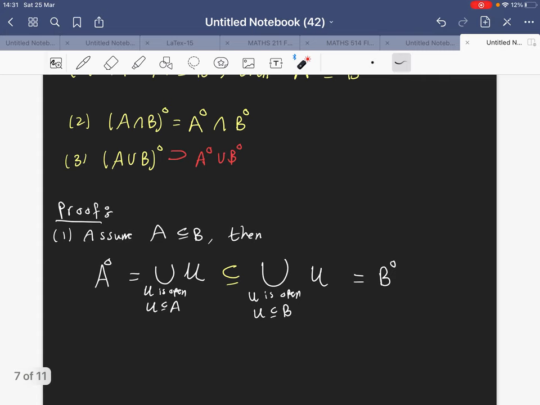Now, for the second part, we can use a little bit of a shortcut, because here in the second part we need to prove that this set is equal to the right hand side set. So we have to prove that each set is a subset of the other. So number 2.